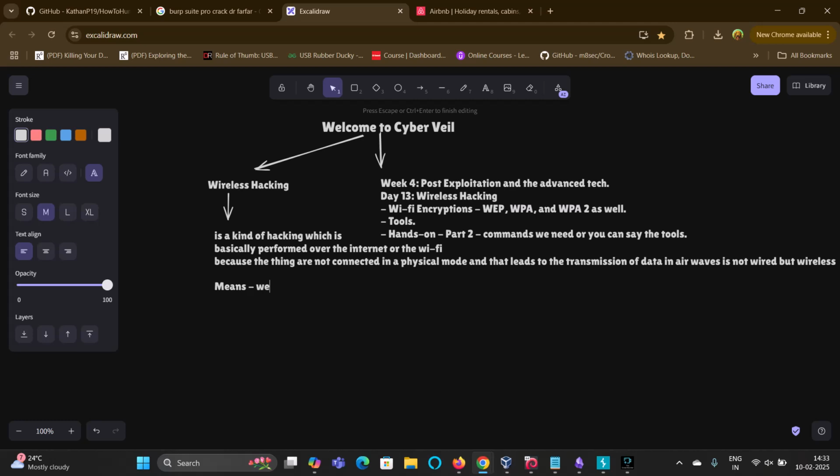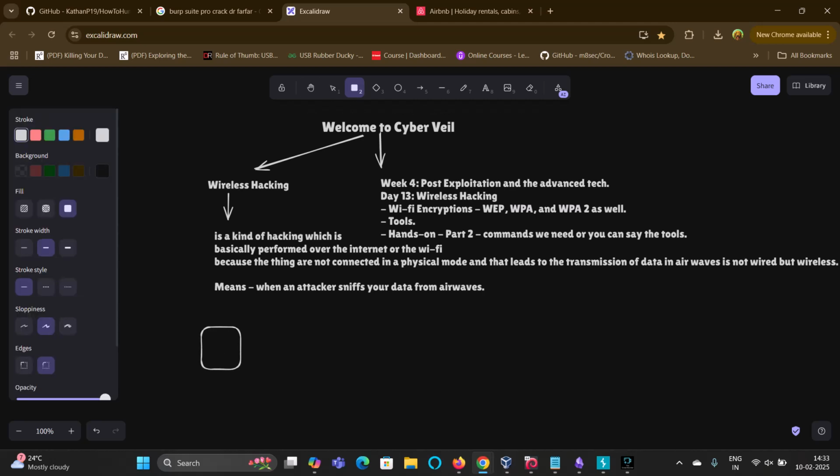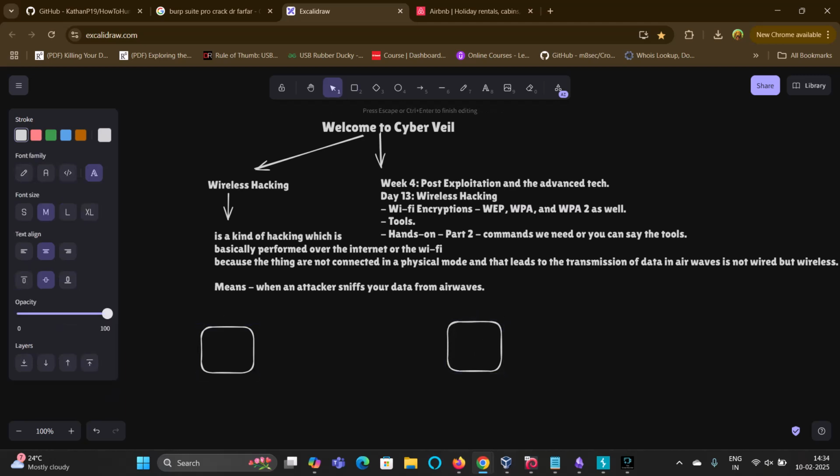It is when an attacker sniffs your data from airwaves. Let's take an example so that I can make it easy for you to understand. Let's say this is victim 1's system, and this is victim 2's system.